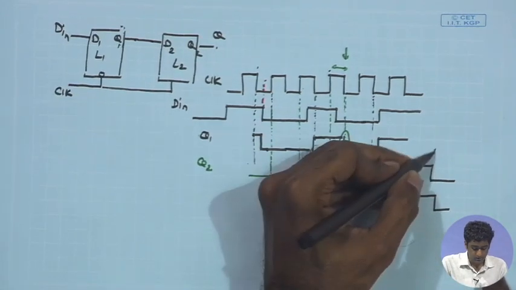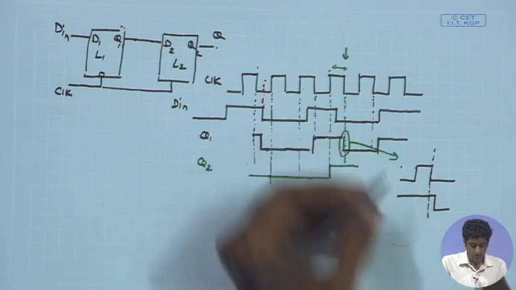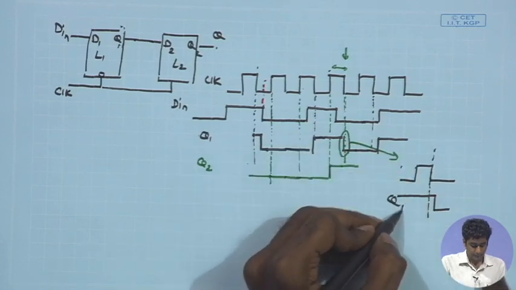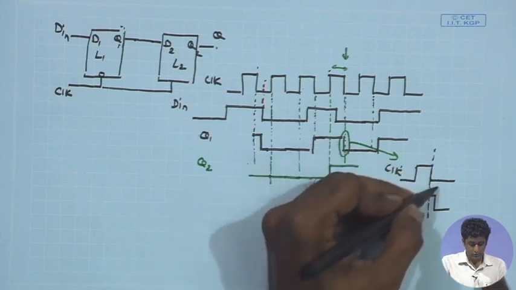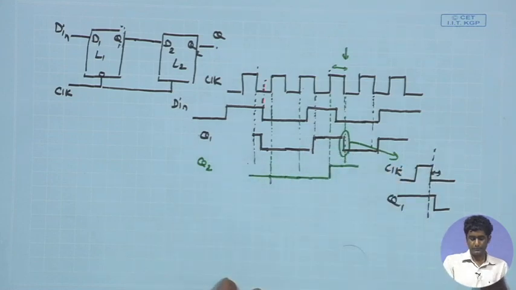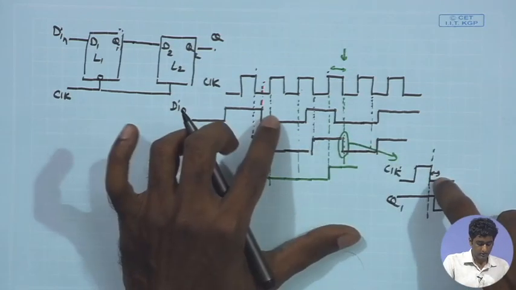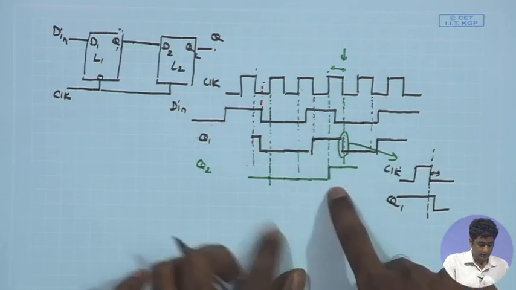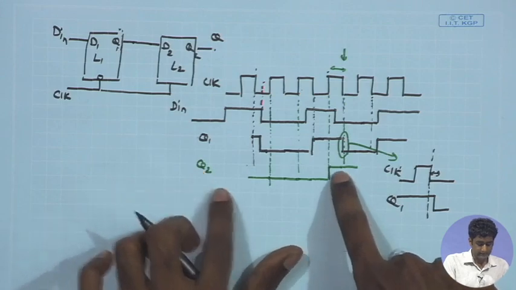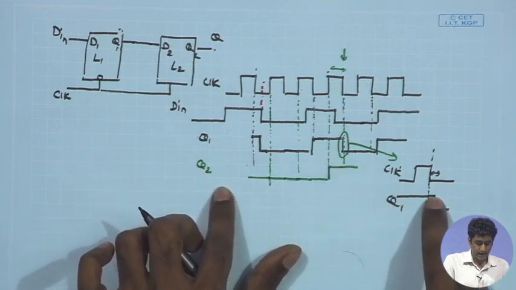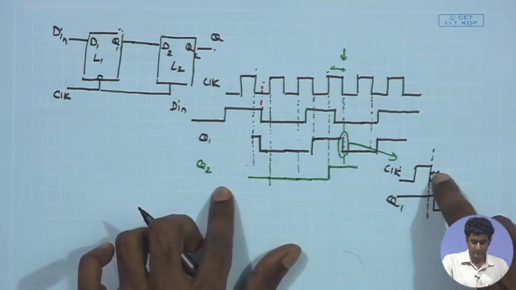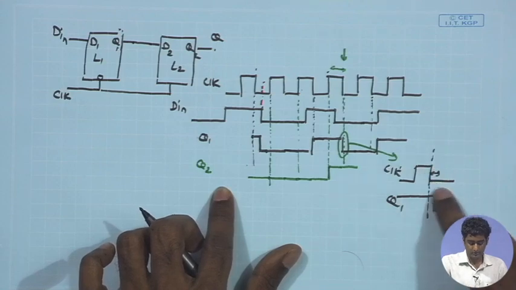So, with respect to the falling edge of the clock, Q2 will see that delay, and as a result, just at the falling edge of the clock, Q2 is receiving a high level, Q1 is remaining high at the negative transition of the clock.